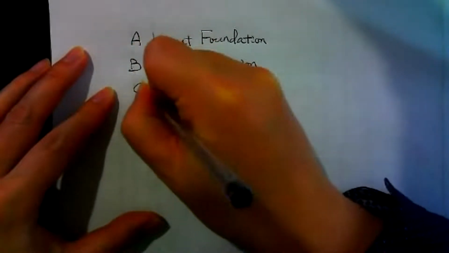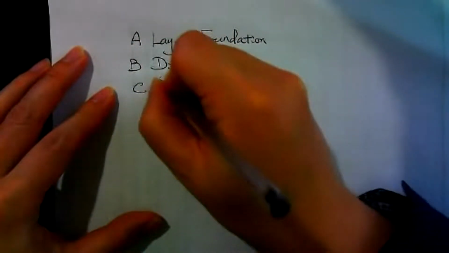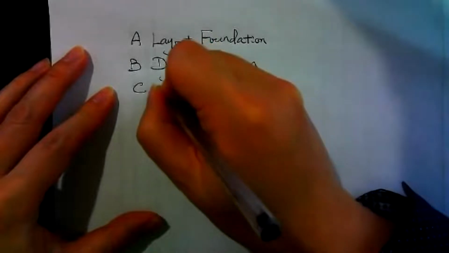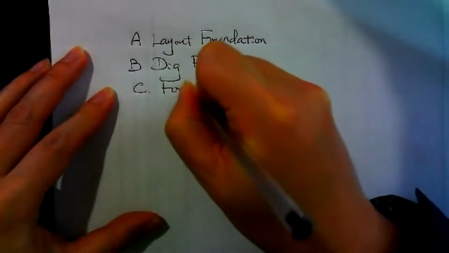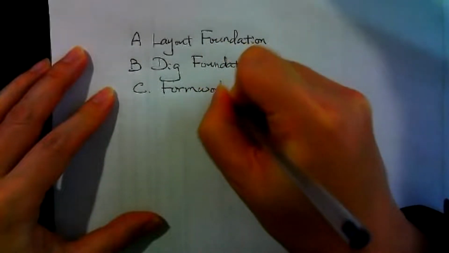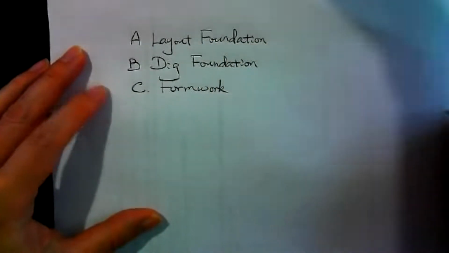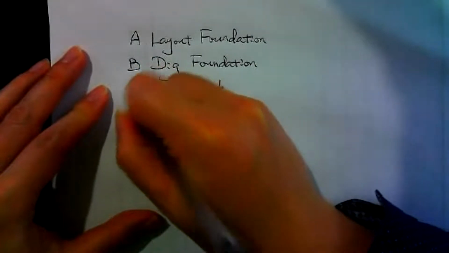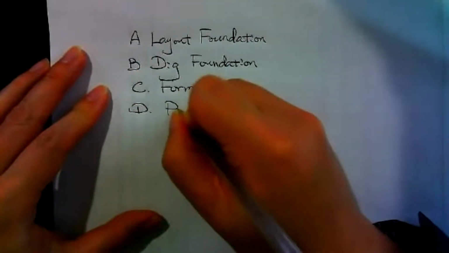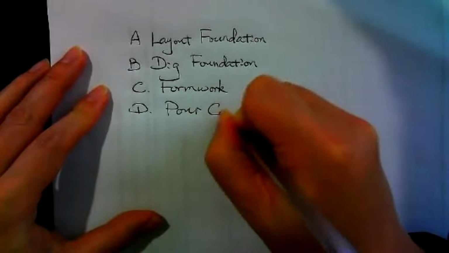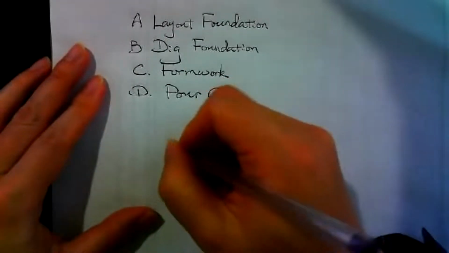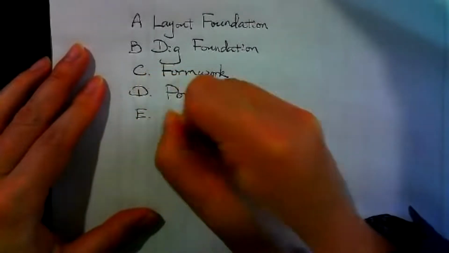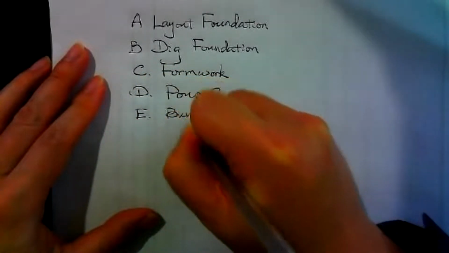Activity C is formwork. Activity D is pour concrete. Activity E is buy rebar.